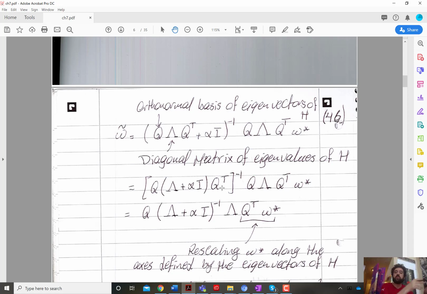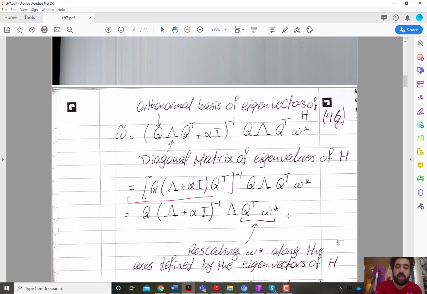So Q transpose inverse is the same as Q. Then I have lambda plus alpha I inverse, and then Q becomes Q inverse. And Q inverse Q is I, so I can remove them, right? And then I have lambda Q transpose omega star, right?